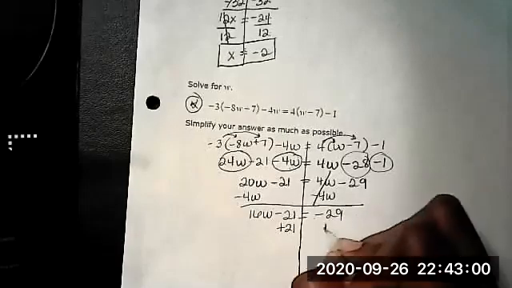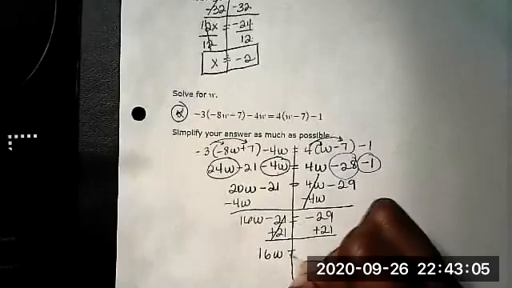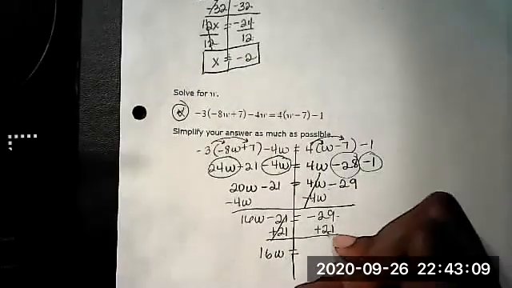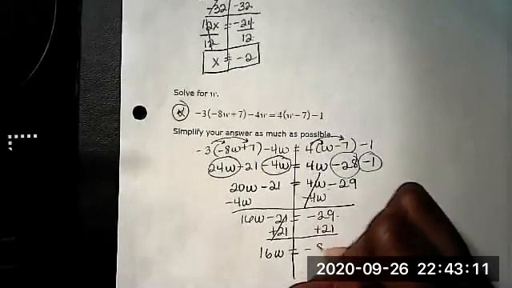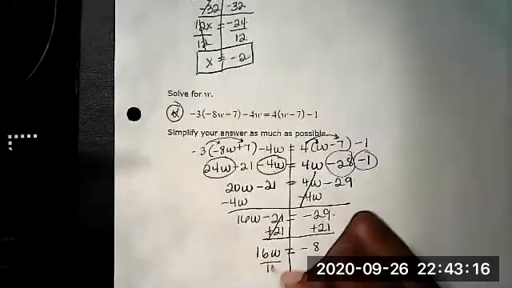Add 21 to both sides. By now, we've been doing these type of problems over and over again. And practice makes perfect. Okay. Negative 29 plus 21 becomes negative, it looks like negative 8. And then divide by 16.